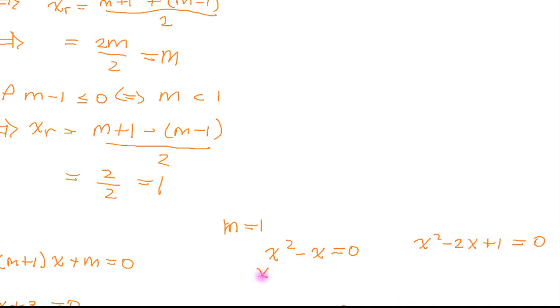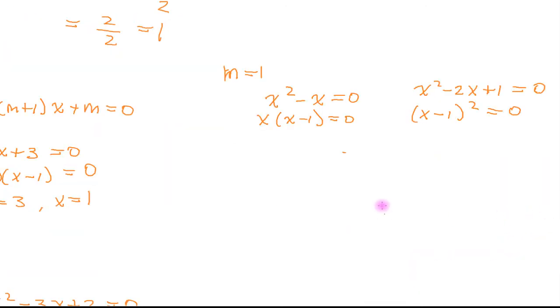This factorizes as x times x minus 1 equal to 0, and this will factor into x minus 1 squared. So again, the set will be consistent with how many elements? Well, 0 and 1. So we found a second m that will make only 2 elements satisfy the equation.